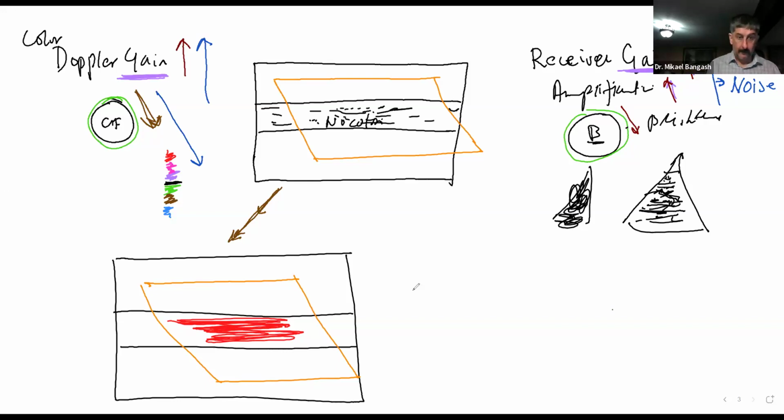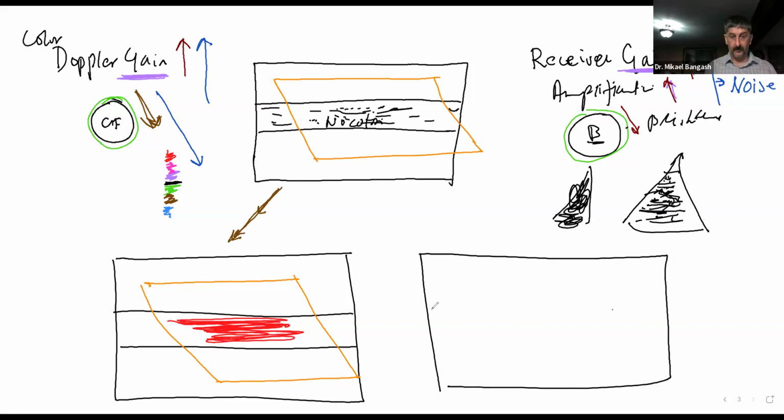That same image, which to begin with didn't have any color but was not optimal, we start getting the blood vessel filled up with color in accordance to our color map. We have a positive Doppler shift according to our color map here.